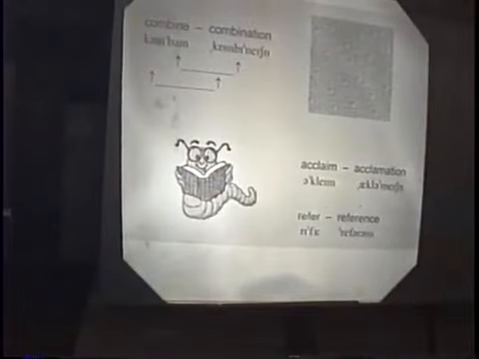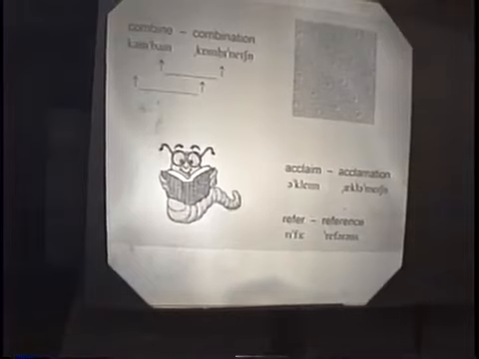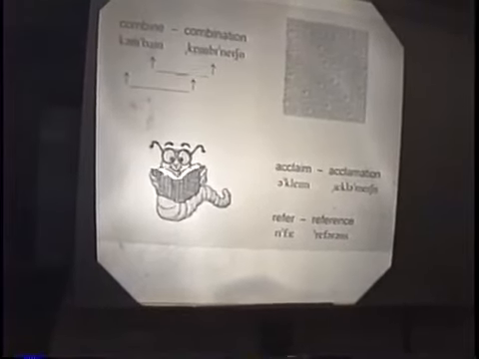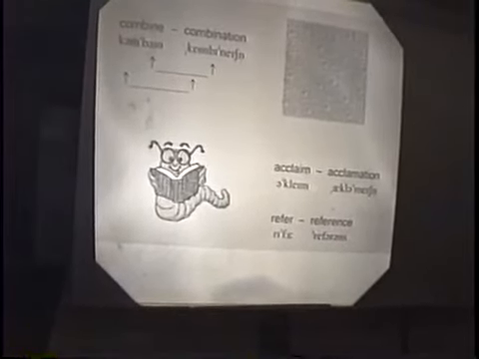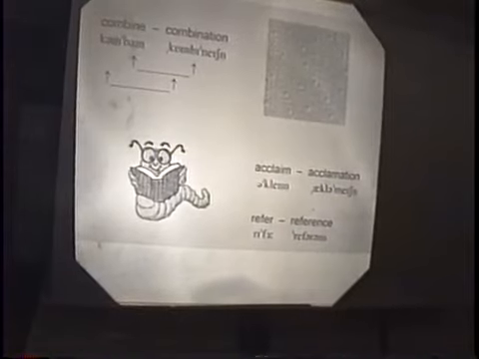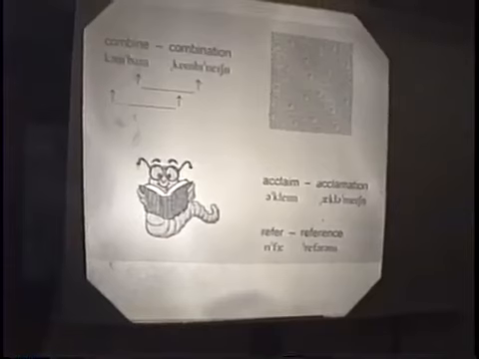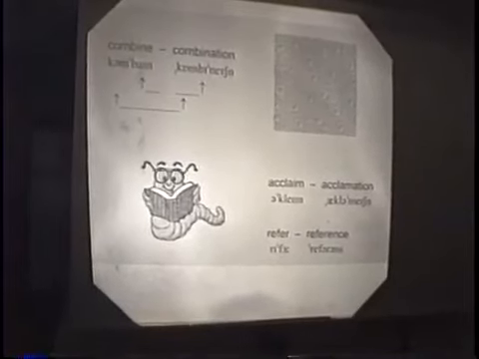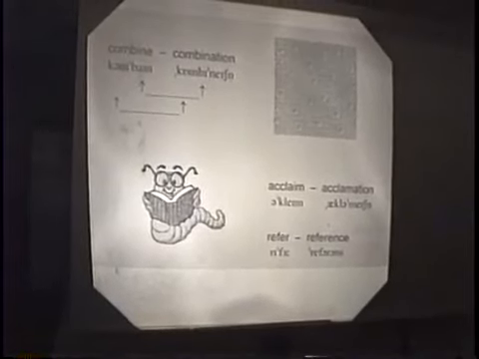Here are some more examples of the same phenomenon. Combine, combination. Quite a dramatic change from I in combine to another vowel in combination. And also in the first syllable, o in combination, but a weak vowel in combine.